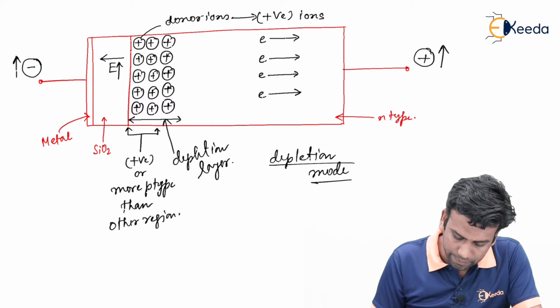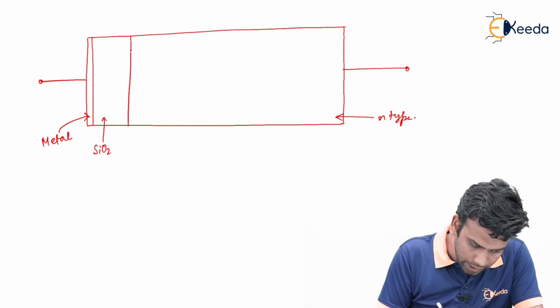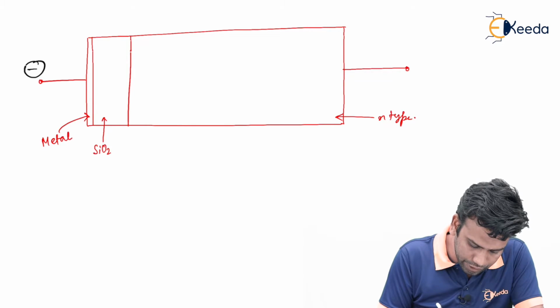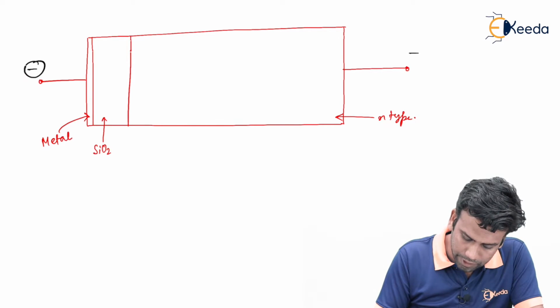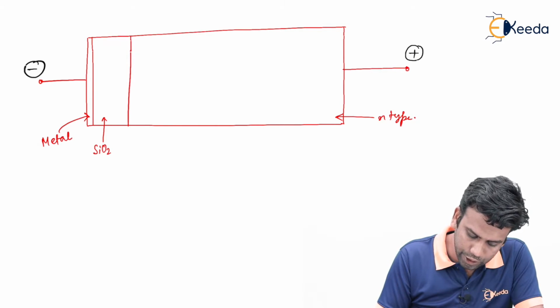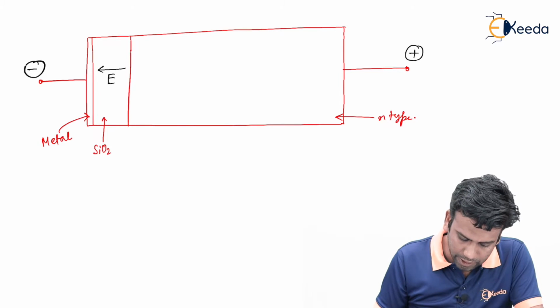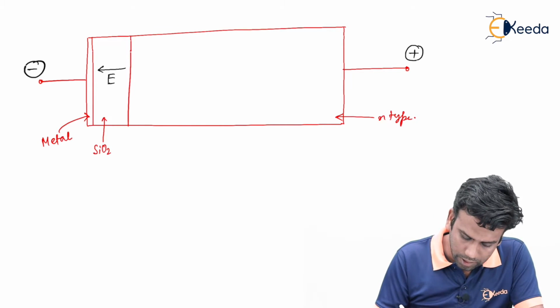So here we have given a negative potential and here we have given a positive potential in the depletion mode. So an electric field has been created in this direction.